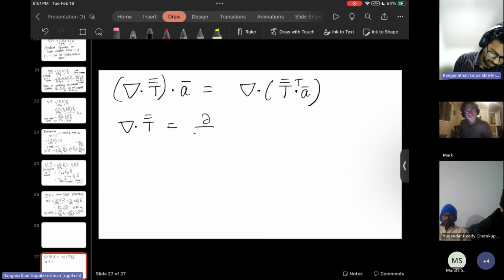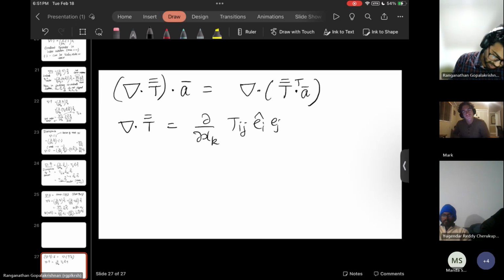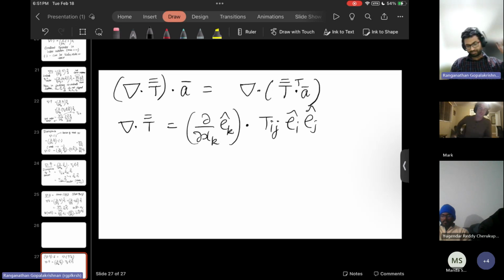That is partial over partial x_k, e_k, dot T_ij e_i e_j. Gradient operator dot tensor.